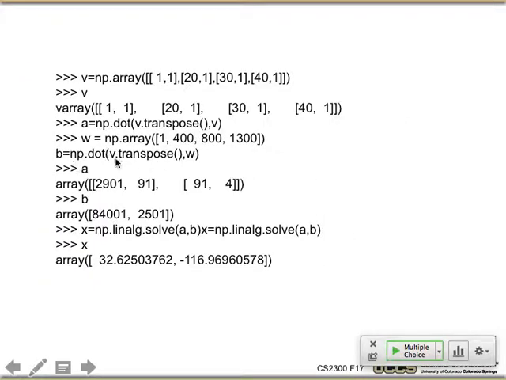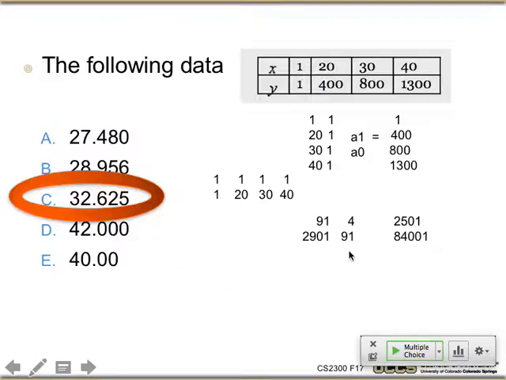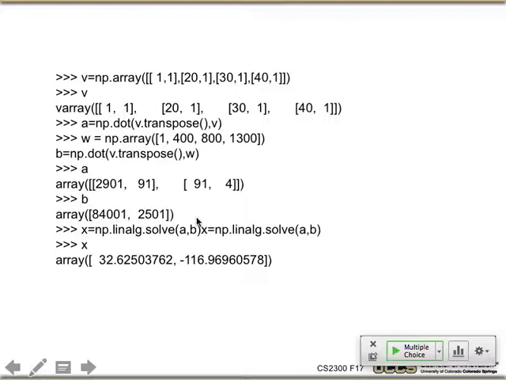And b is V transpose dot w, so that gives me this matrix written out. I might have put these in a slightly different order. And then when I solve it, I get the 32 and the minus 116 in that order.